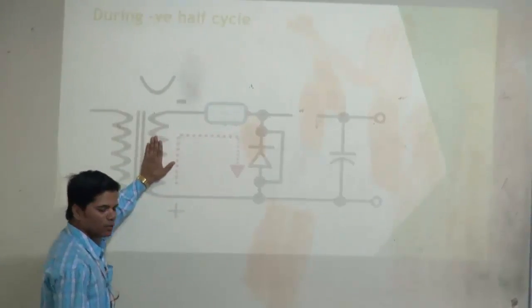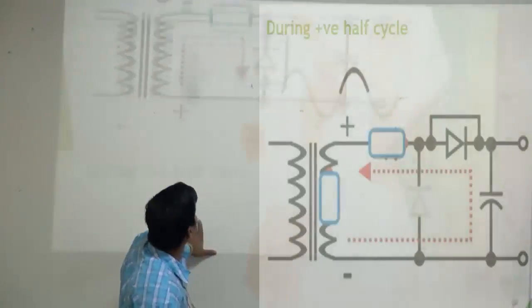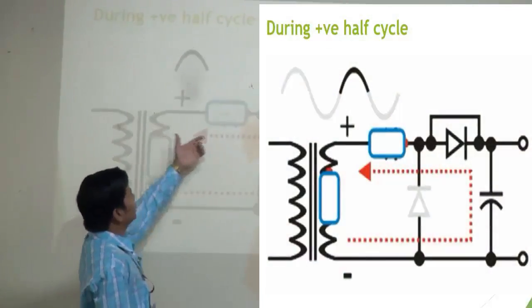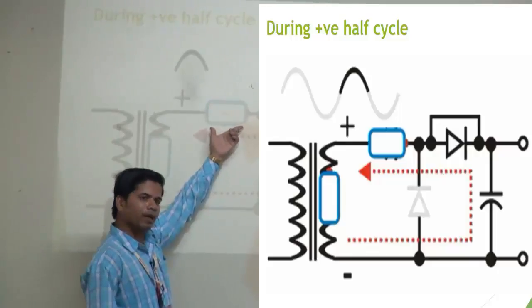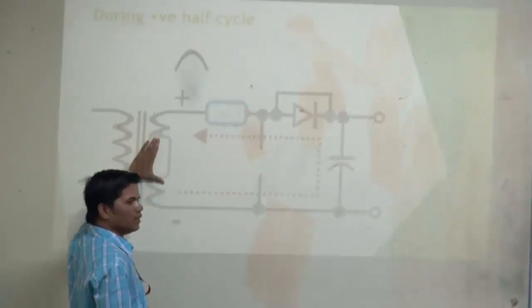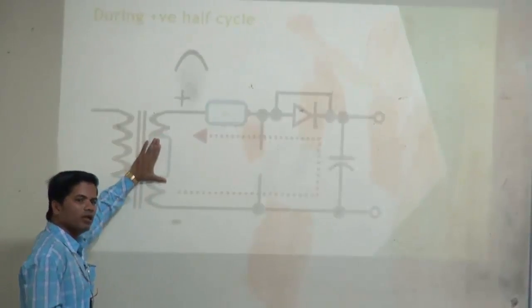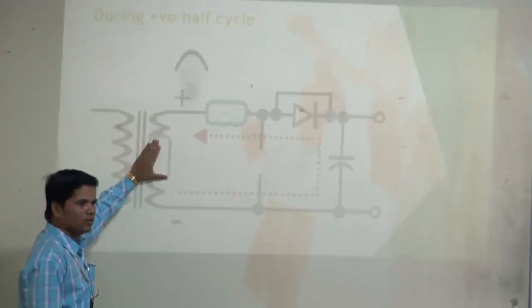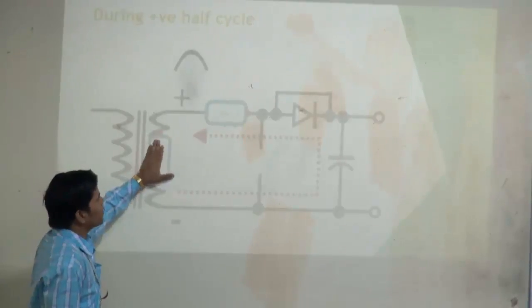Next come for the positive half cycle. In case of positive half cycle, for the same circuit, as we know the potential Vmax is available here in this capacitor. Again the potential of this coil is Vmax as we are providing the AC input voltage. So what will happen?